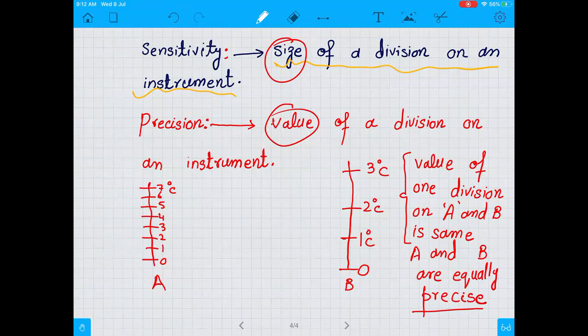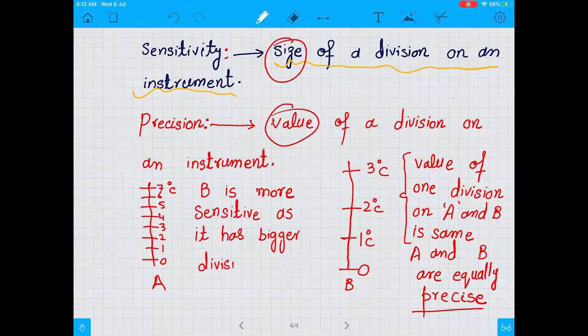What about sensitivity? B is more sensitive as it has bigger divisions.